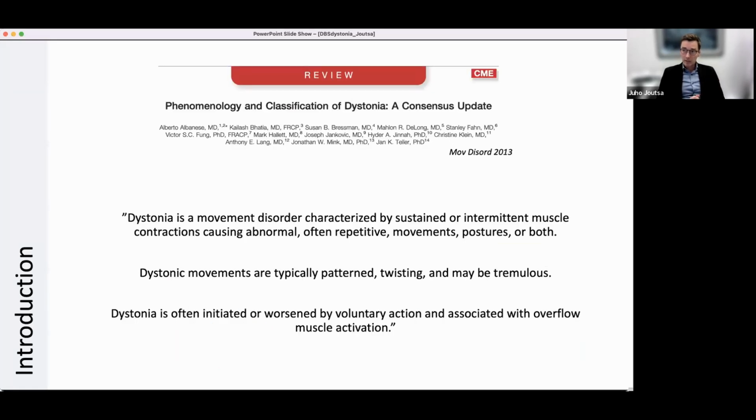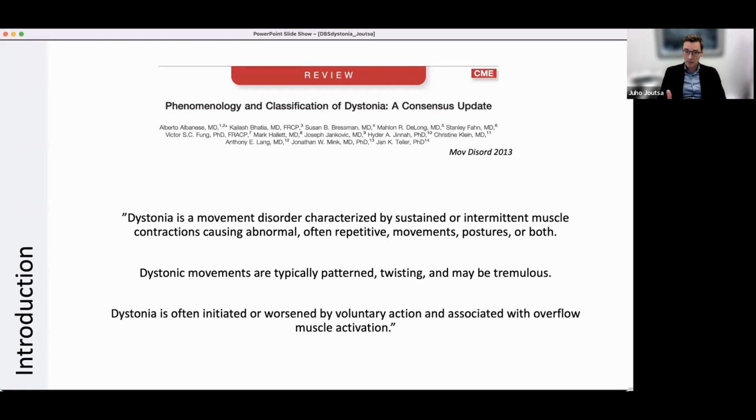A couple of words about the disorder itself. Dystonia is defined clinically, and we don't really have any reliable biomarkers that could be used for the diagnosis of this movement disorder. Dystonia is characterized by sustained or intermittent muscle contractions that cause abnormal, often repetitive movements, postures, or both.